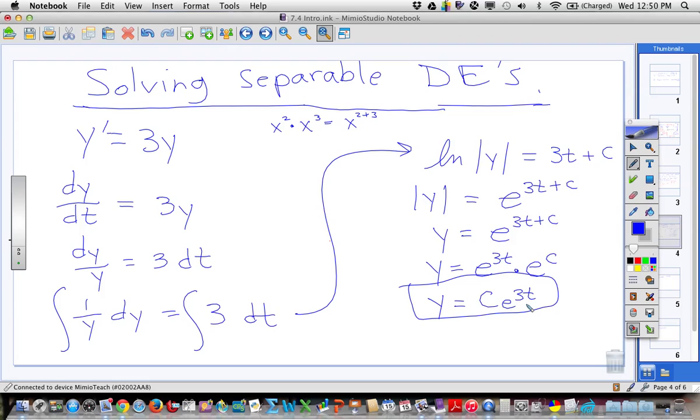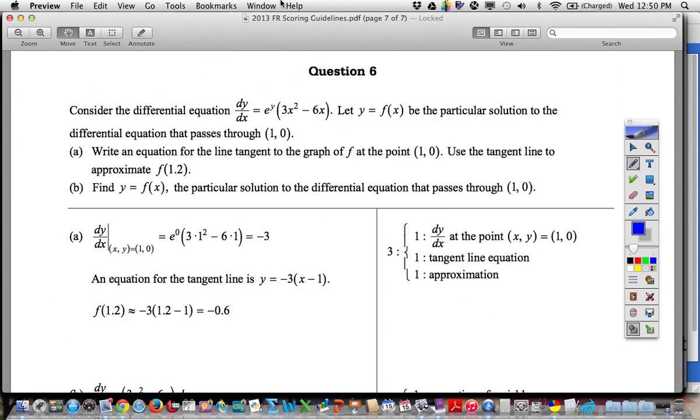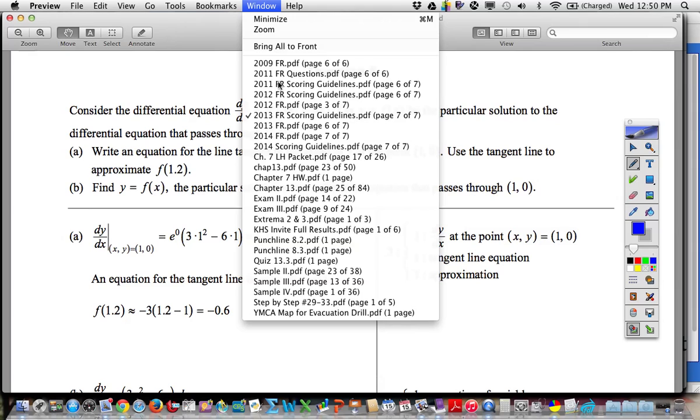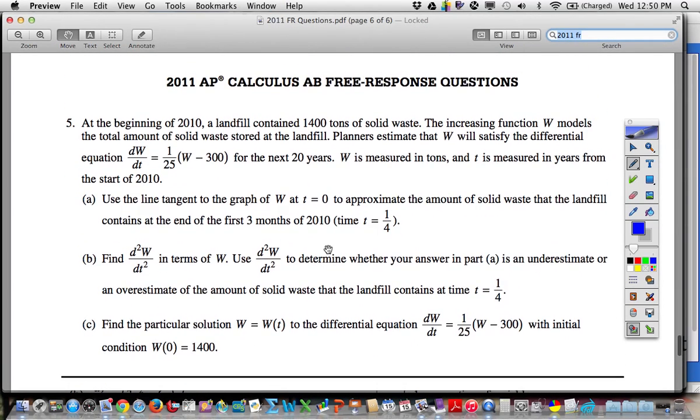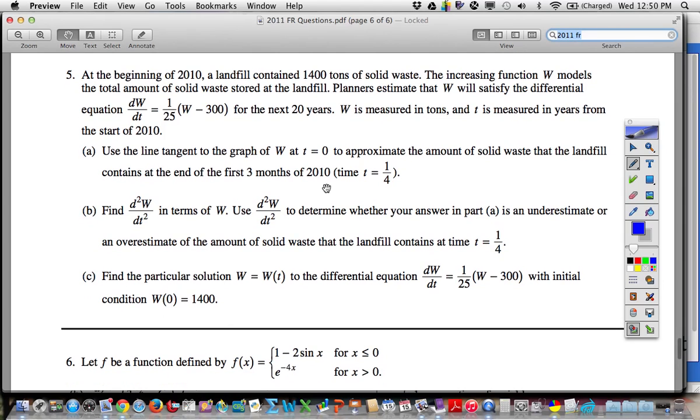Now, this happens to be in your packet. Why don't you go ahead and get one of your packets out. It's 2011, I believe. This is problem number 5 in 2011.